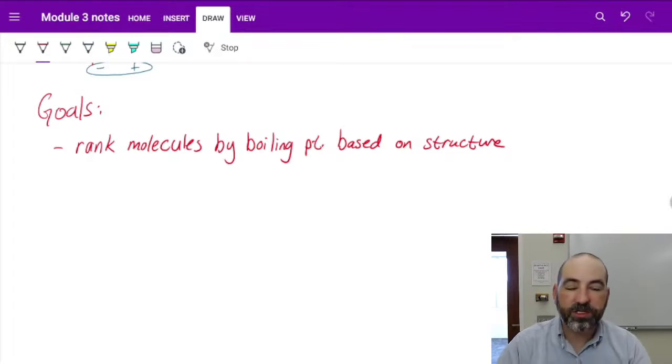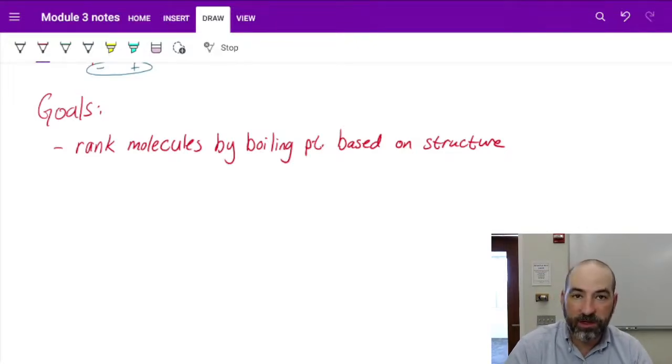Meaning you look at structures and you say, well, this one should have a higher boiling point than this one because of these structural features.